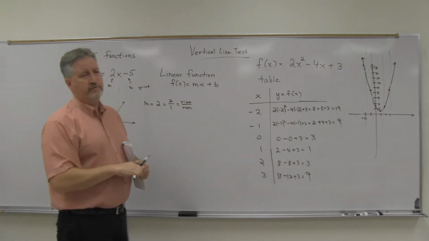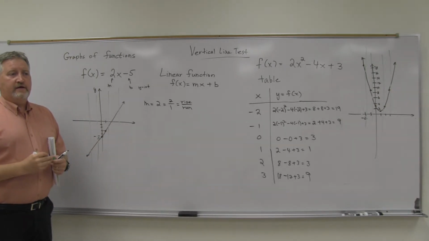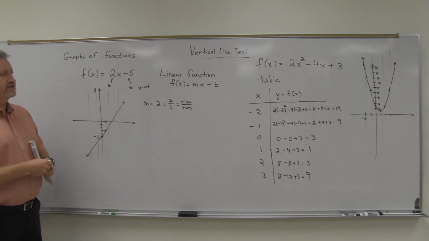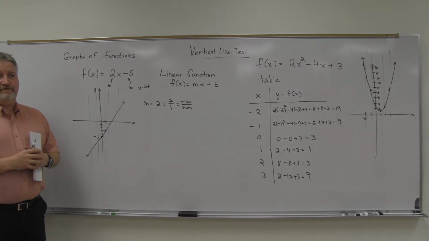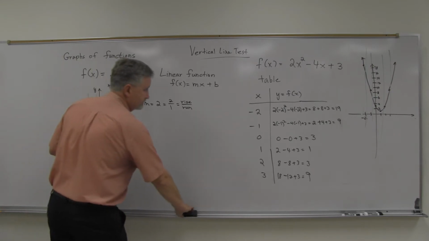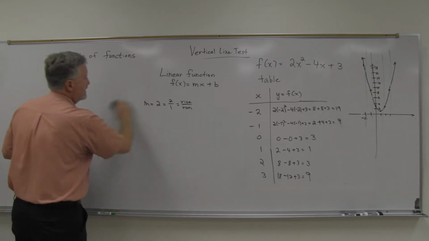It intersects it in one point. So that's how you determine if a graph is the graph of a function. If it hits more than one, it's not going to be a function. So these obviously pass the vertical line test. That's what we're going to talk about next: that vertical line test.